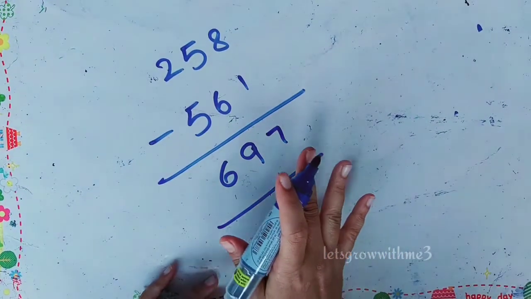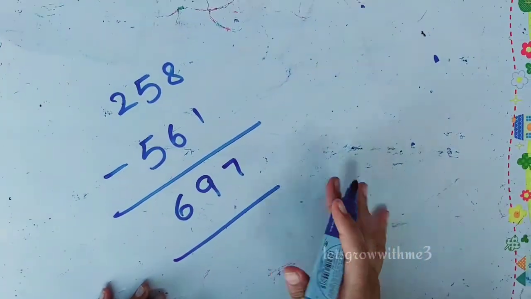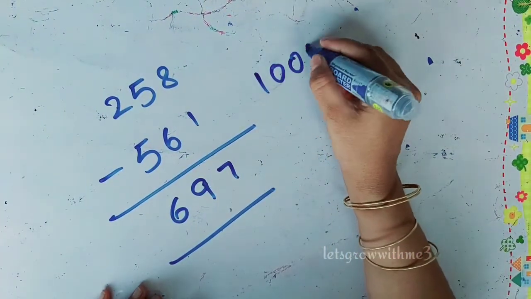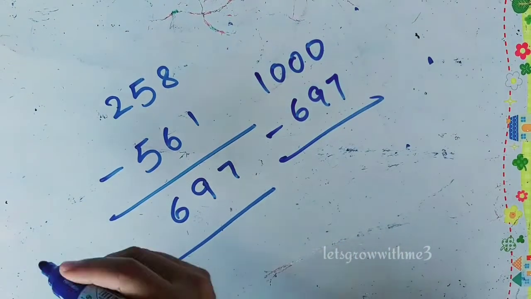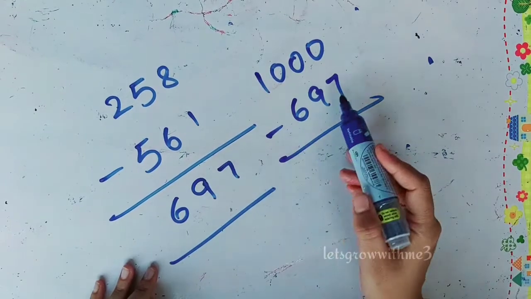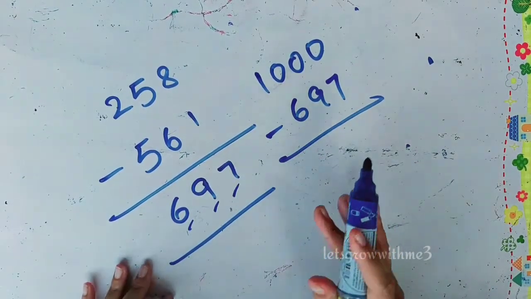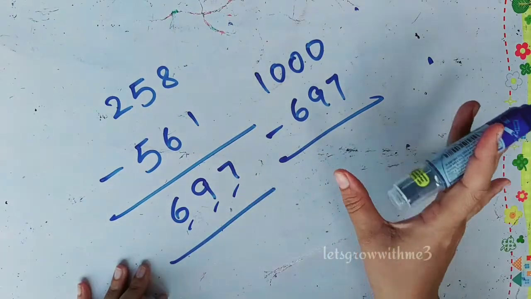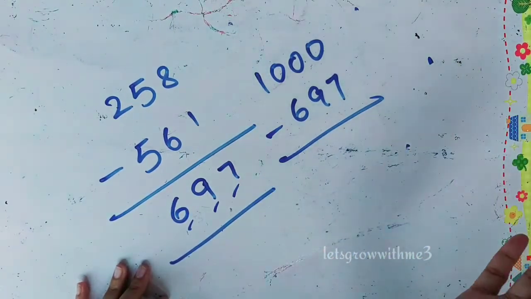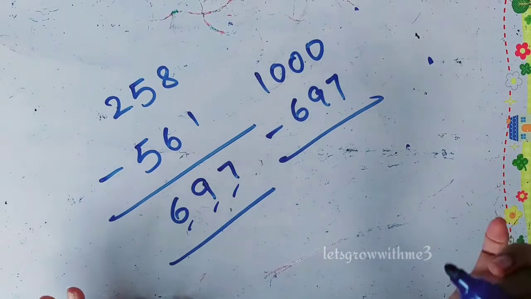Okay, but this is not our actual answer. We need to subtract this value from 1000, because it's a 3-digit number, right? We should consider 1 after the 3 digits. Okay, so how to do this subtraction we already discussed earlier. So how to subtract 1000 minus 697, which is all by 9, last one by 10.